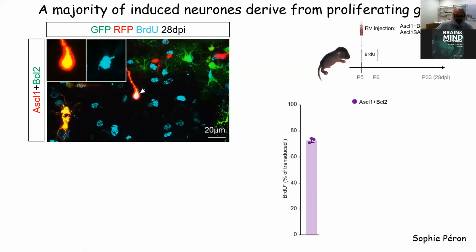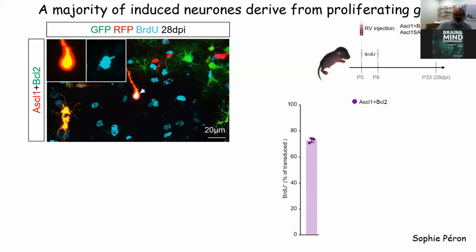I told you that the viruses that we use target proliferative cells, in the sense that stable transduction requires the disassembly of the nuclear envelope in order to get the retrotranscribed viral genome integrated into the host genome.